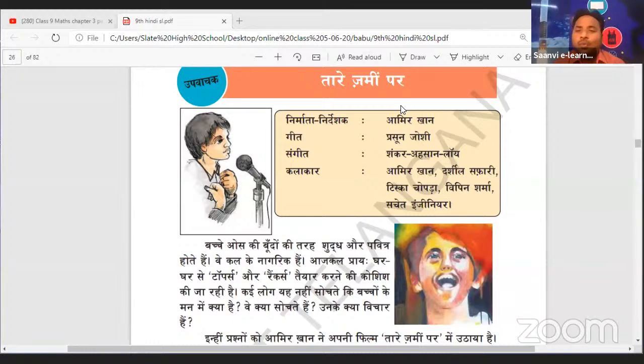So today we will do upvachak 1, the first upvachak. Okay, what is the name of our lesson? Taare Zameen Par. Okay, see, what is the information about this dot in the title? Purna, tell me. You don't know. See, it is a common word, simple. If this dot is not there, the pronunciation will be like ja.